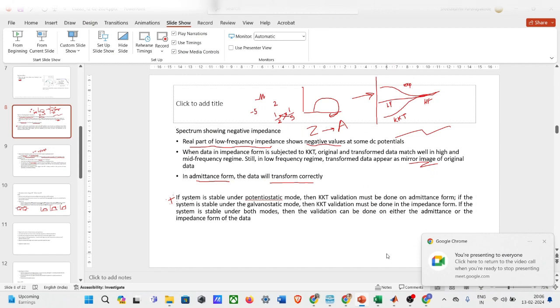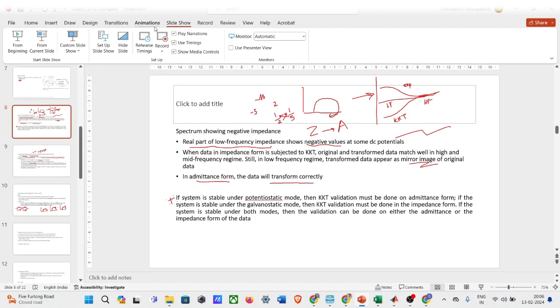No. When plotting, when you give that data to the KKT analysis, to the real part you're adding something in parallel.